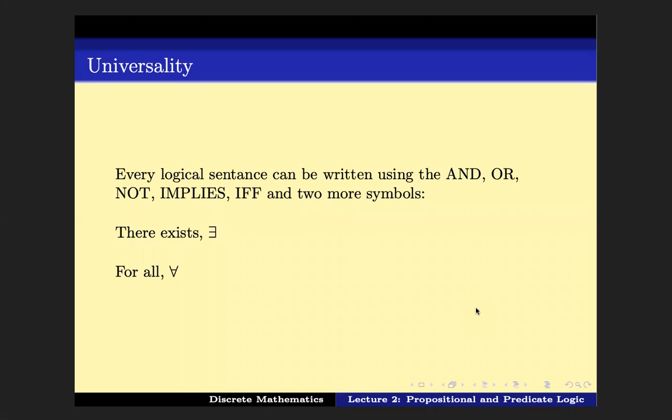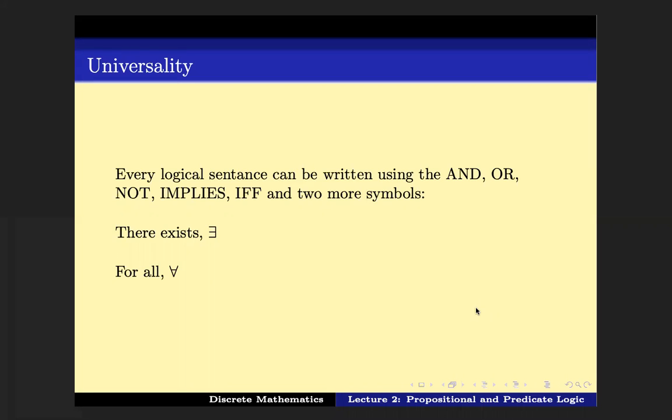Okay, so actually there is something called a universality statement, and I will not be proving anything, but you can take a look at it and convince yourself that every logical sentence can be written using this set of symbols. In fact, you don't need so many symbols either. And, or, not, implies, if and only if, and there exists and for all. Using this, you can write everything that is there.